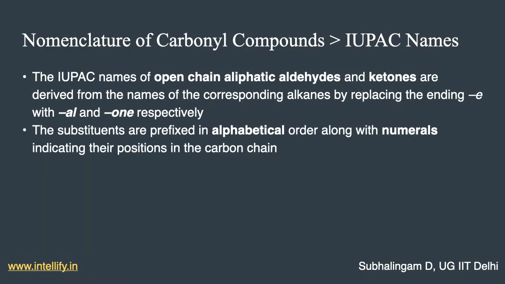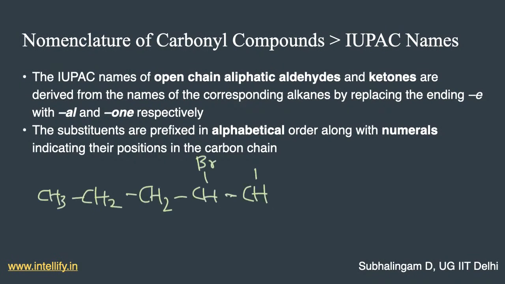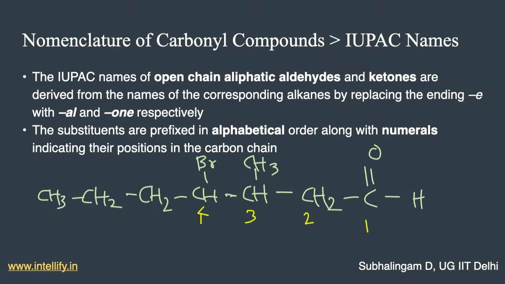The substituents are prefixed in alphabetical order along with numerals indicating their positions in the carbon chain. Suppose we take this compound. Let's try to name it. We have to go from the right because CHO is preferred. So we start numbering from the right, 1, 2, 3, 4, 5, 6, 7.